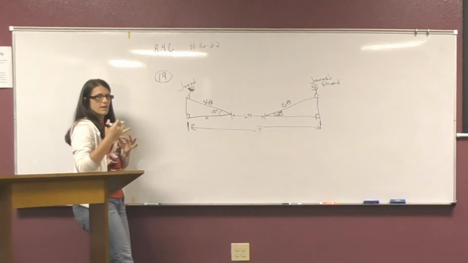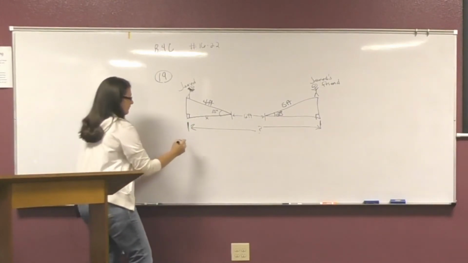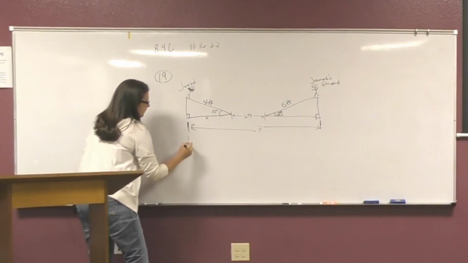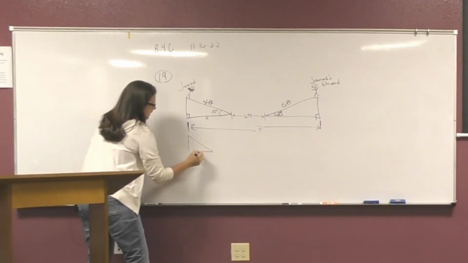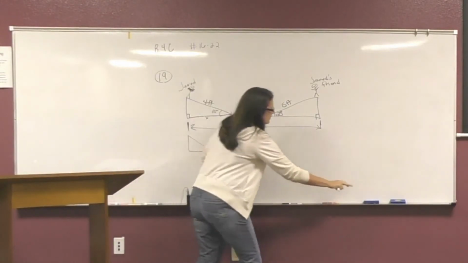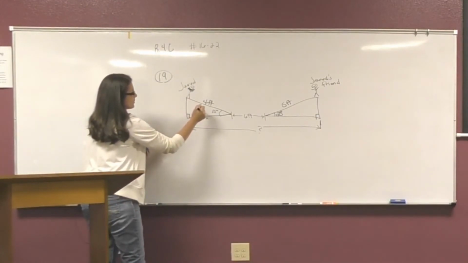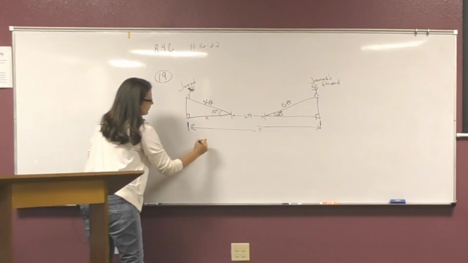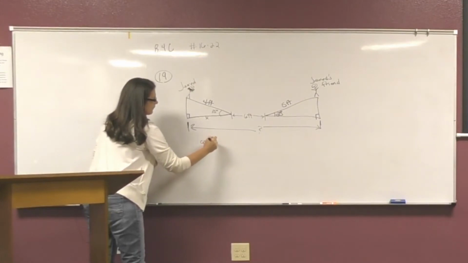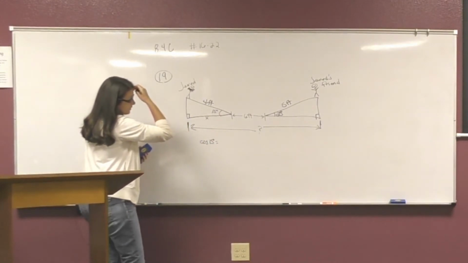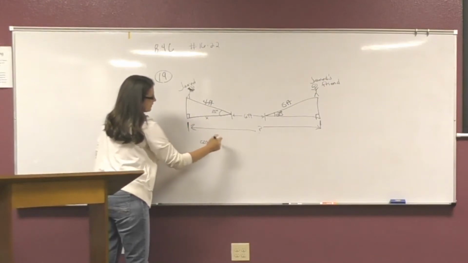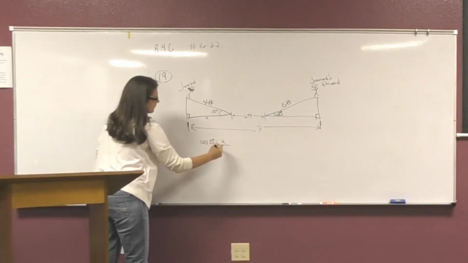So adjacent and hypotenuse means cosine. Those aren't too busy, so let's not waste time doing that. Okay, so with this triangle right here, I'm going to do the cosine of 15 degrees equals adjacent over hypotenuse.